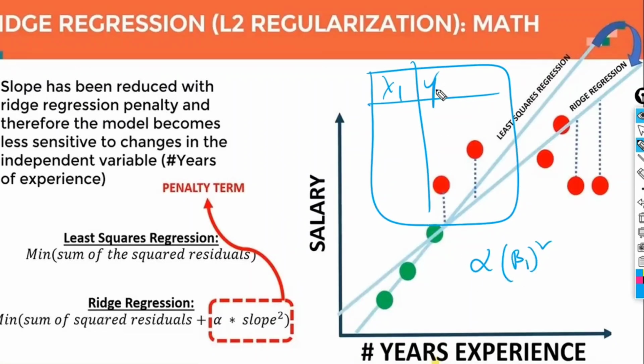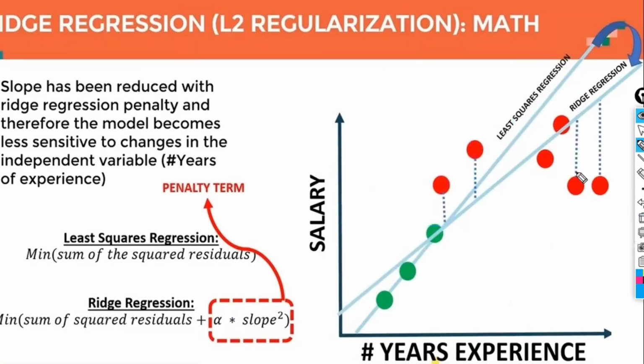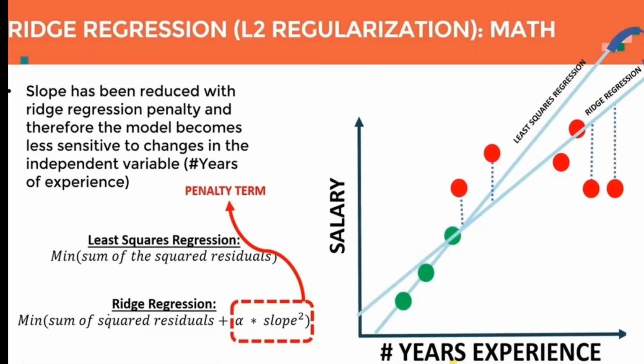If two variables are there, x1, x2 and y, then alpha into beta 1 square plus beta 2 square. That is nothing but alpha into the sum of slope square, sigma of slope square. That is the penalty term. Now by adding this penalty, the equation will shift like this. The line will be shifted in this way.